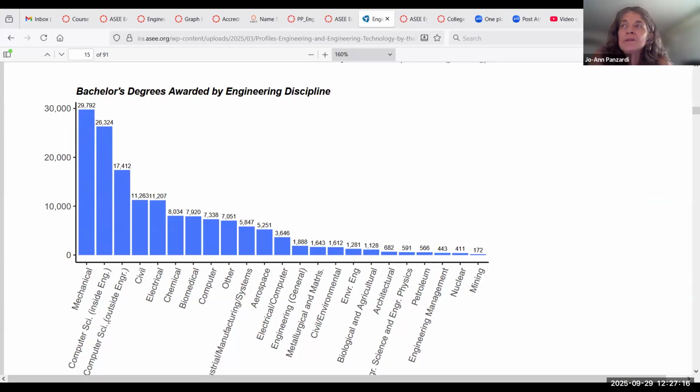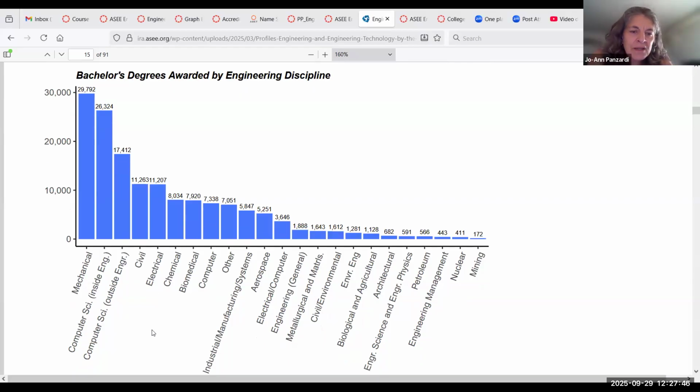Like for instance, there are liberal arts schools that don't offer engineering, but they offer computer science. But what's funny about those is that because it's a liberal arts school and they're only offering computer science, there really isn't a lot of clubs and hands-on work there. Okay, then civil and electrical almost tied.